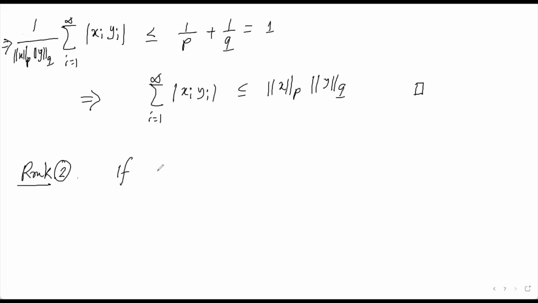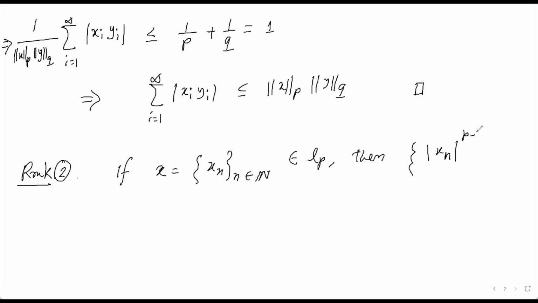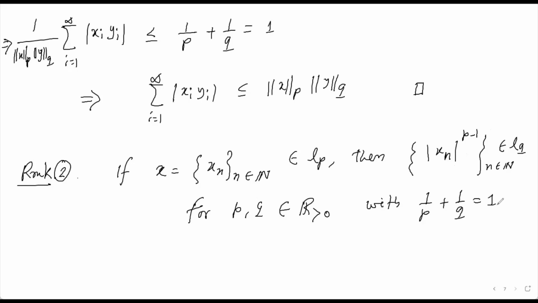If x equal to (x_n), n belongs to the set of all naturals, belongs to l^p, then the sequence of the absolute value of x_n to the power p minus 1, n belongs to the set of all naturals, is in l^q, for p, q in the reals greater than 0 with 1 over p plus 1 over q equal to 1.